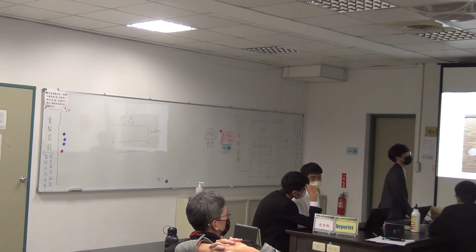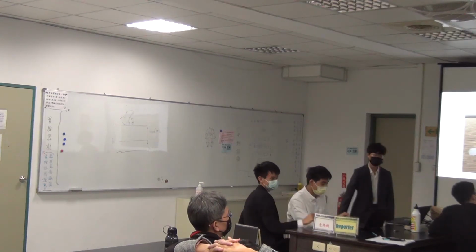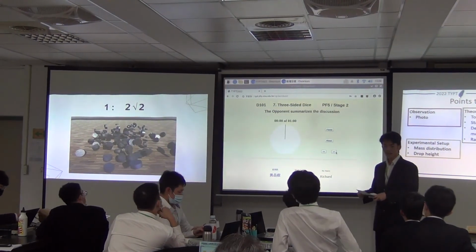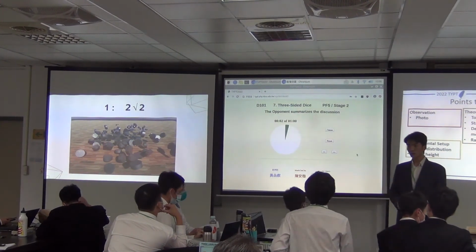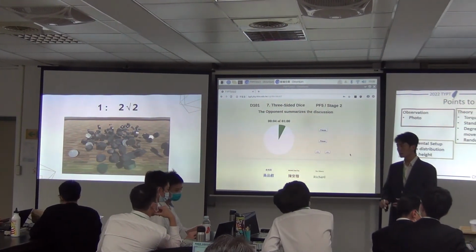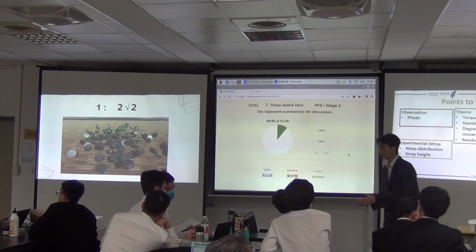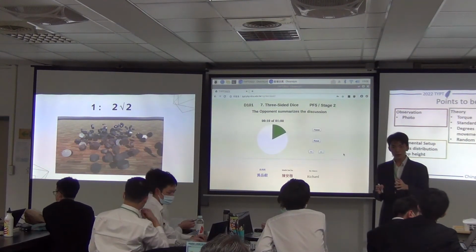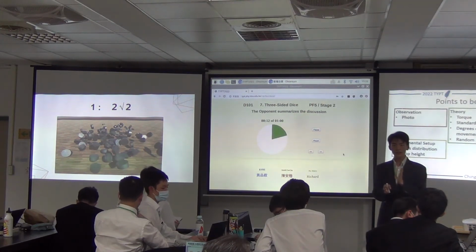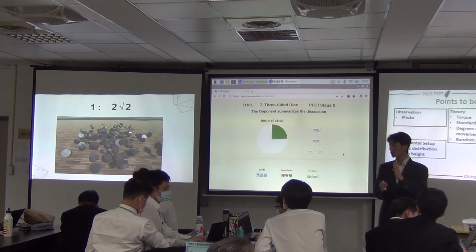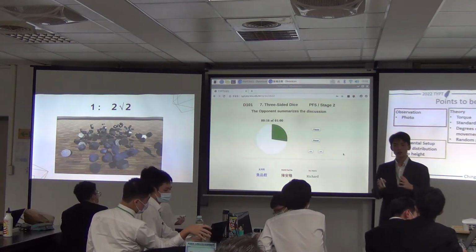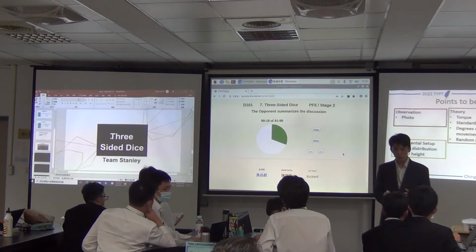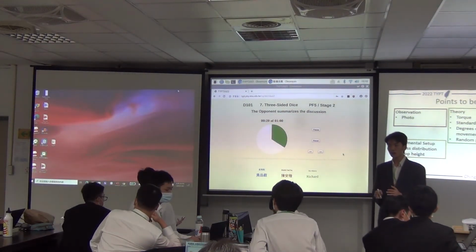In my discussion, firstly, I asked the reporter about their initial simulation setup, and I tried to discuss with him how important the torque is on the possibility of the falling of the dice, and how the geometry and the coefficient of restitution will affect the possibility.